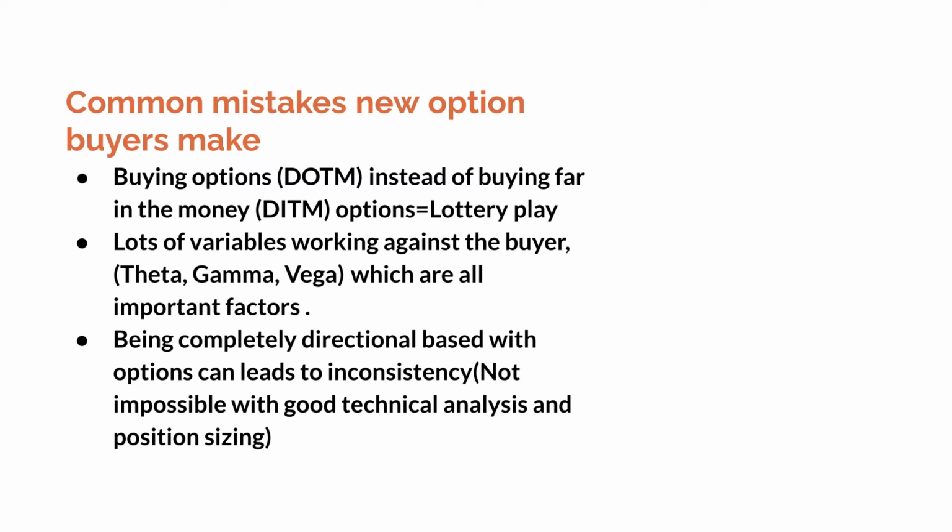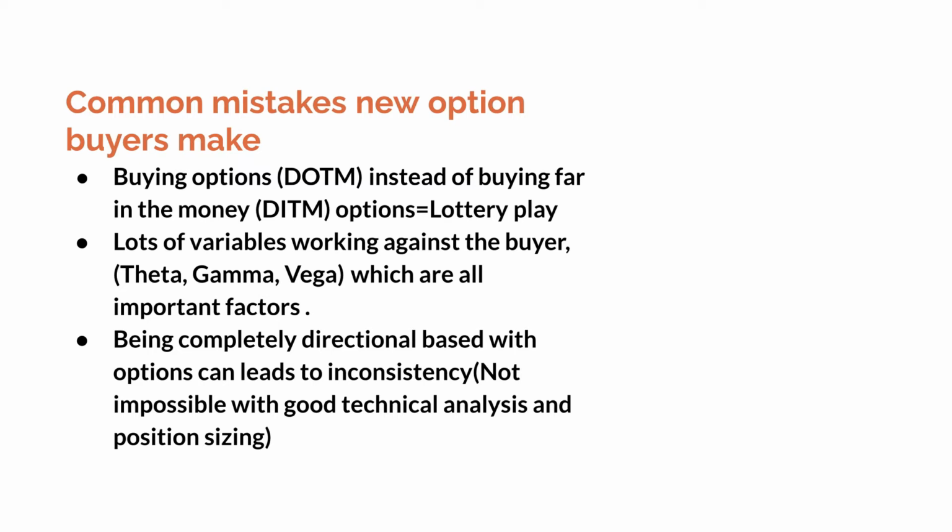I'm going to explain delta a little bit later in this video, but basically, when you're buying deep out of the money contracts, you're not getting the full move for each dollar move that the stock makes. And so it's really difficult to have a correct assumption depending on how much time you have left, and what happens with the implied volatility within your trade.